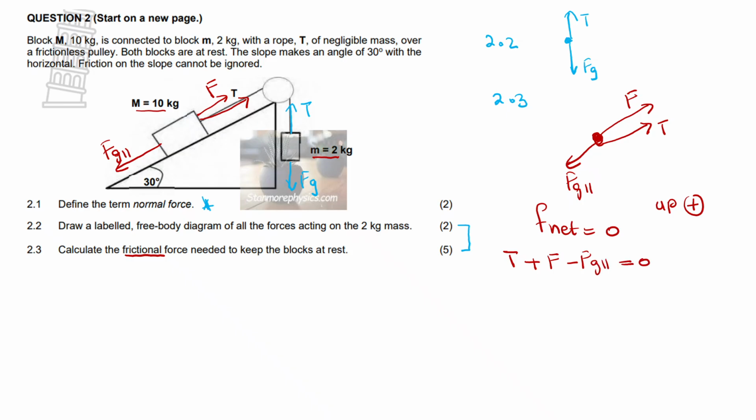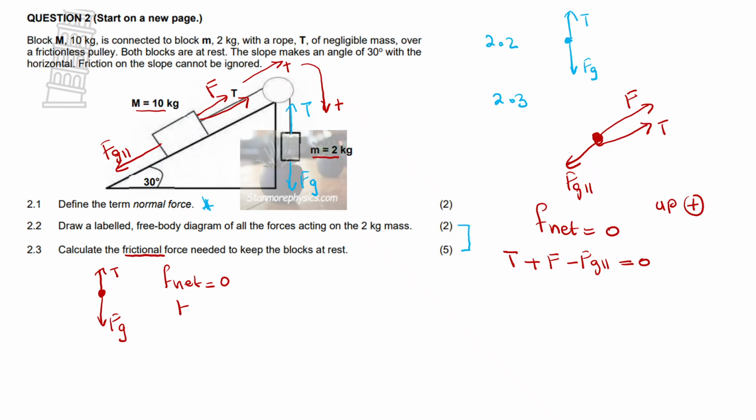We need to first calculate tension, and I think everyone can see that it will be easy to use the 2 kg block to calculate tension. This is my tension, and this is my Fg. So if we take down as positive, we're going to say F net is equal to 0.